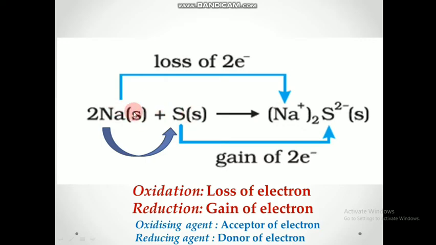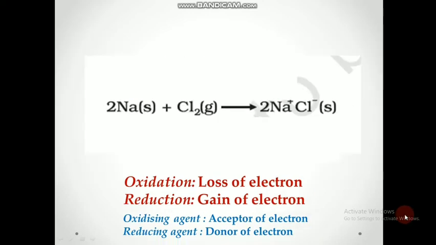The one who is helping its oxidation is sulfur. So by accepting the electrons, sulfur is helping sodium to get oxidized. So sulfur is the oxidizing agent, and the one who helped sulfur to get reduced is sodium. So sodium is helping the reduction. So sodium is known as the reducing agent. The donor of electrons is the reducing agent, the acceptor of electrons is the oxidizing agent.